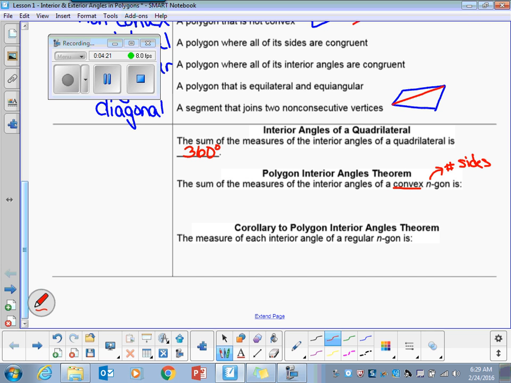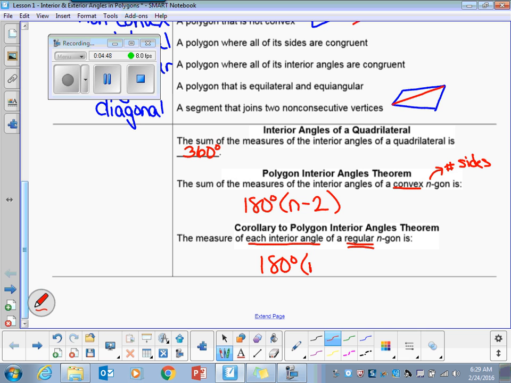Okay, so I could ask you for a convex 22-gon or a convex 119-gon. All right, but we have a formula: 180 degrees times the quantity of n minus 2, n being the number of sides.